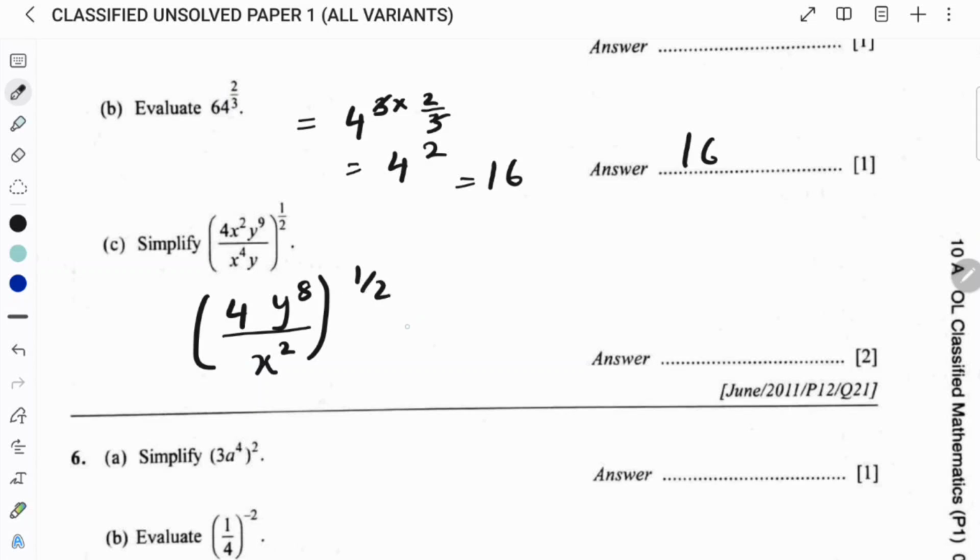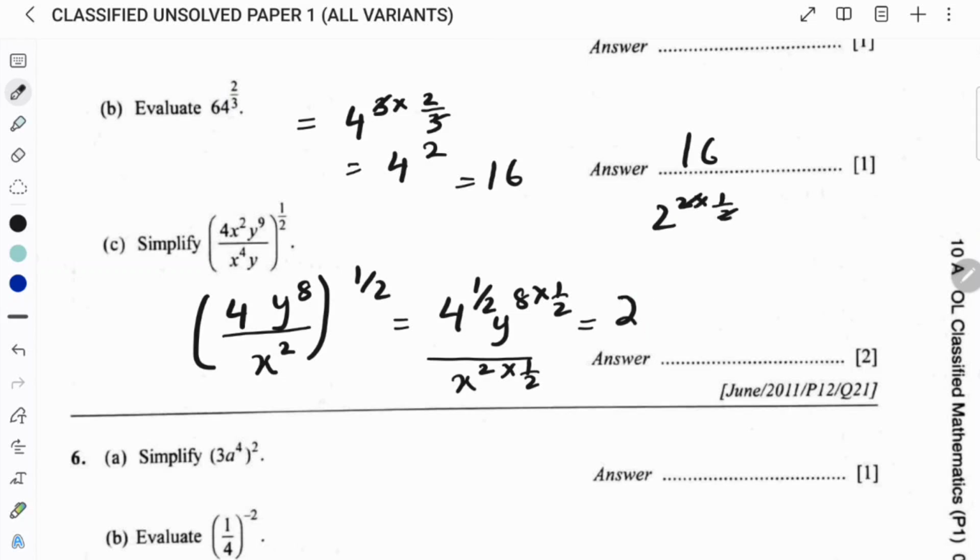Then apply half power to every term here: 4 half, y to the power 8 times half, divided by x squared times half. Cancel the number. 4 to the half is 2, because 2 squared to the half will become 2. So I can write the answer: 2y to the power 4 upon x.